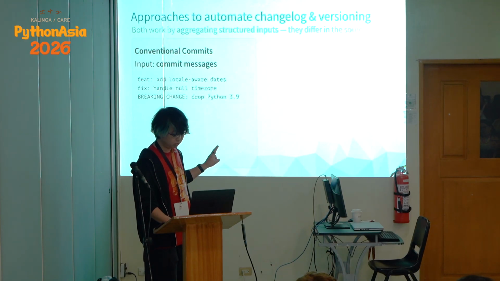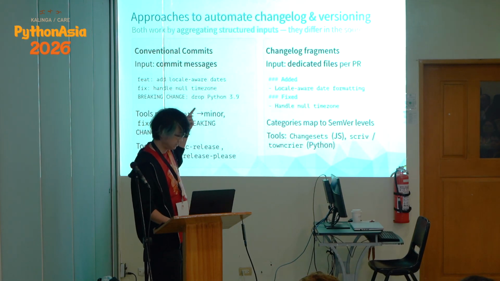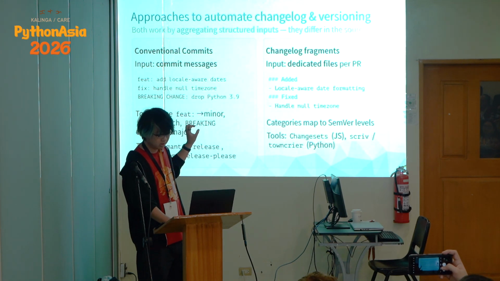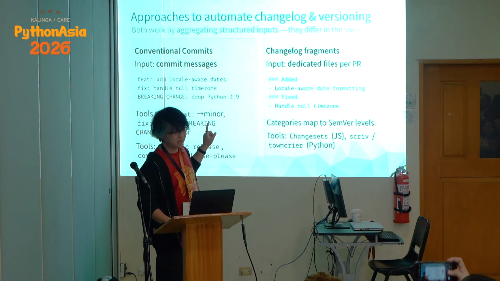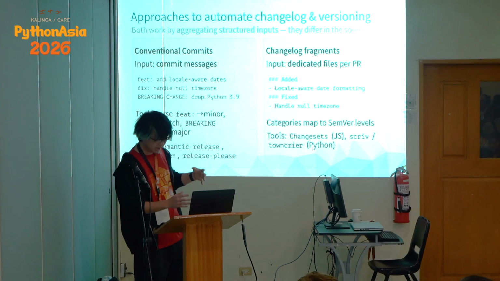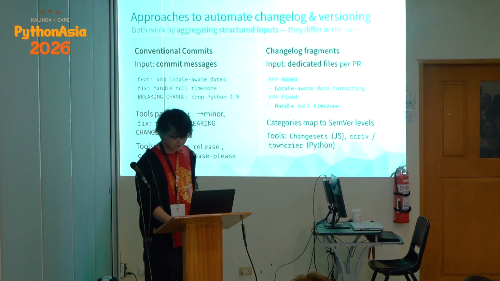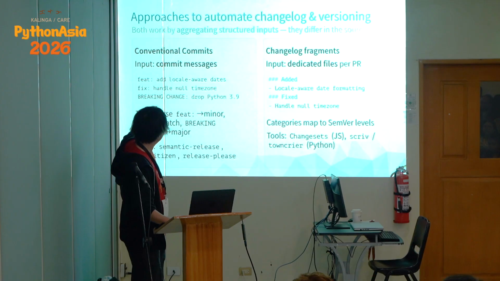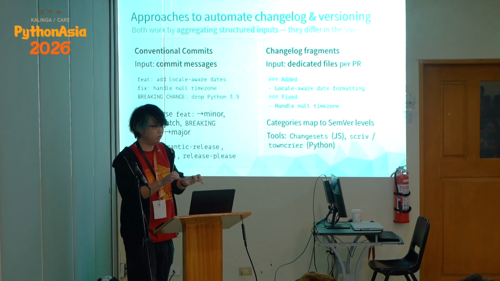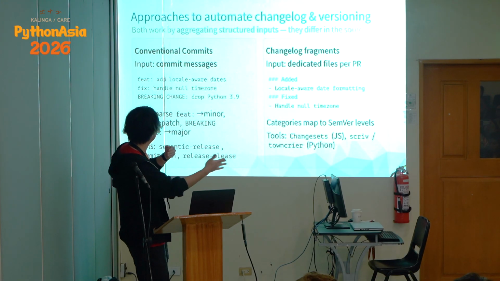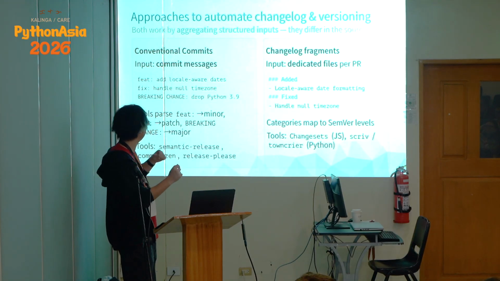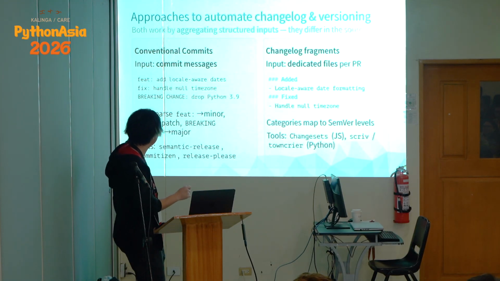There are two major ways to do something like this. One is the conventional commit-based one, and the other is something called change set. In the conventional commit way, you are forced to git commit in a very formatted commit message with some fixed prefix like feat, fix, or breaking change, or something like that.